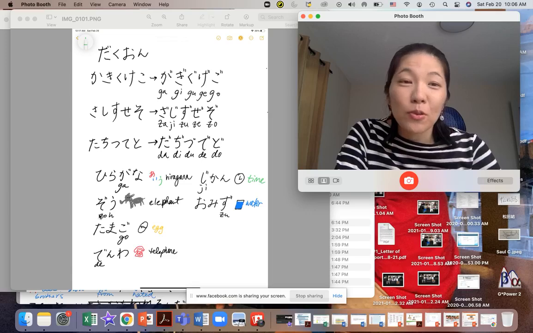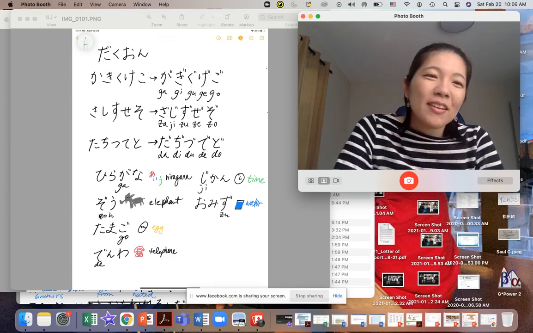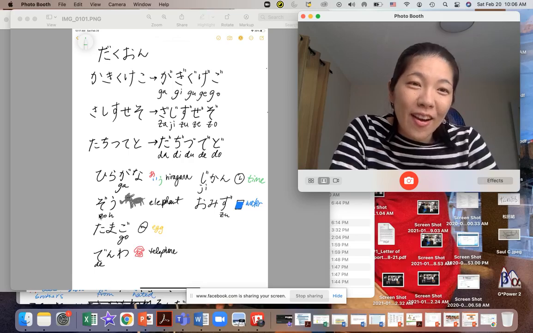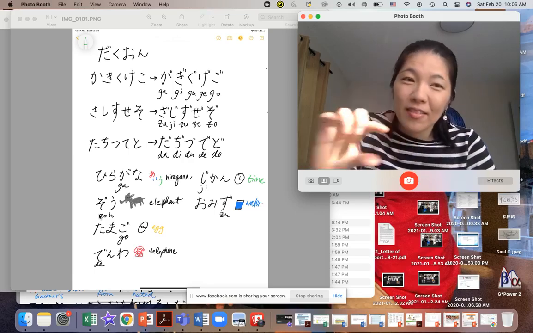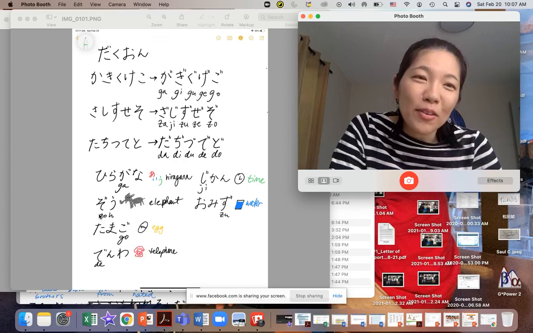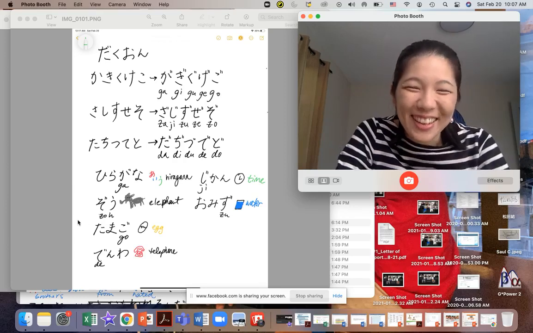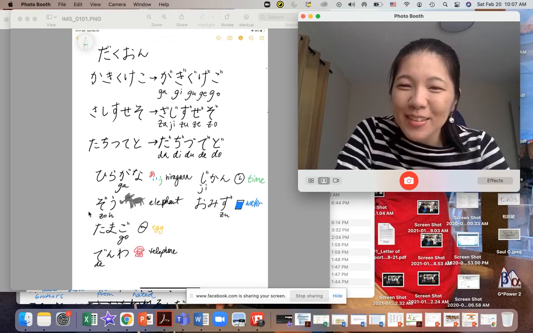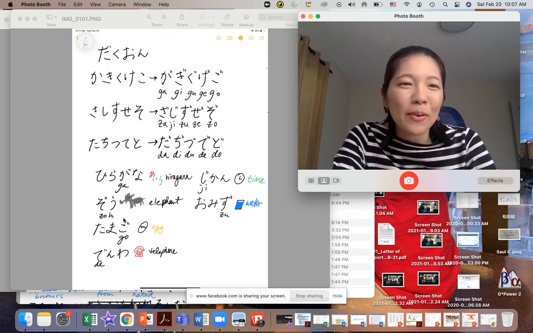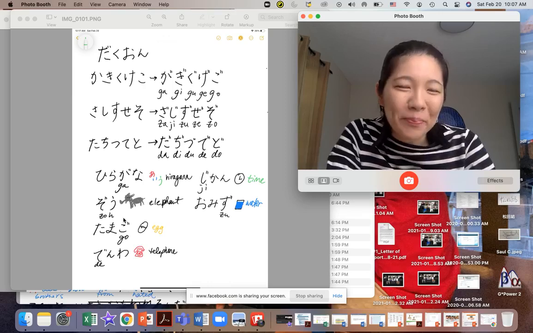So the meaning of the song is, elephant, you have a long nose. Yes, your mother also has a long nose. Like that's it. But that's a very typical song.